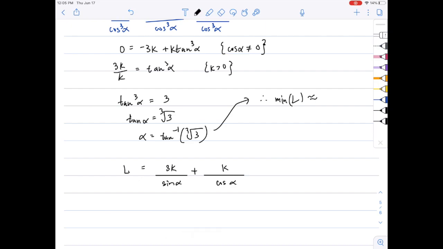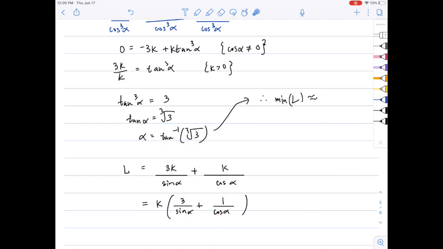From this formula, we can pull out a k, and if we pull out a k, we get something like this. We get 3 divided by sine alpha plus 1 divided by cosine alpha. And because we have a value for alpha here, we could just take that value and plug it into here and here using a GDC.